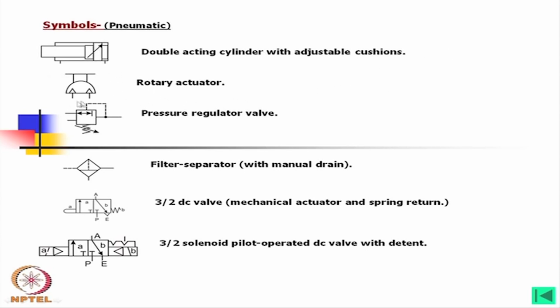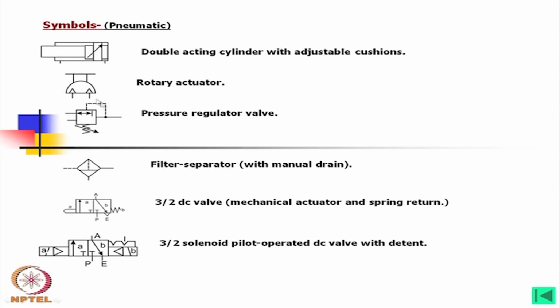And then for pneumatics, as you see, this is the double acting cylinder, and this is the rotary actuator. As you see, the arrows are not filled in, and this is not a full circle also. This is actually a rotary actuator, meaning this is not a compressor, it is a rotary actuator motor.